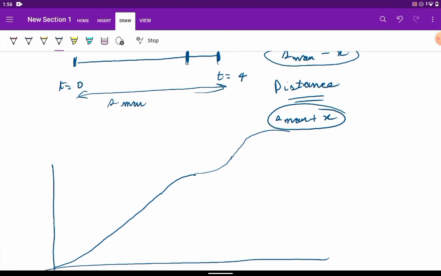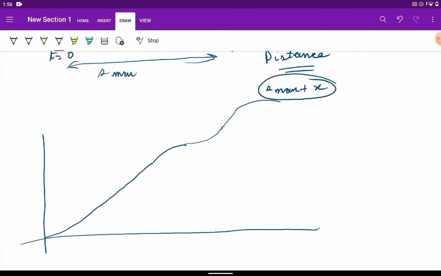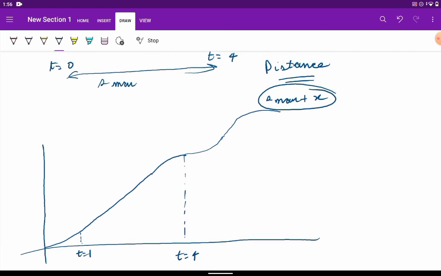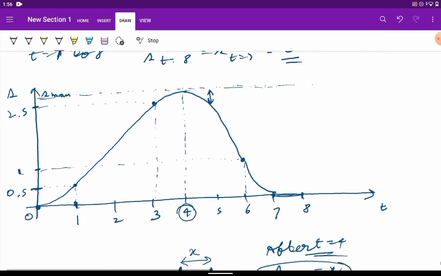This is t equal to 4, and this is, let's say, t equal to 1. This is constant velocity from t equal to 1 to 3.